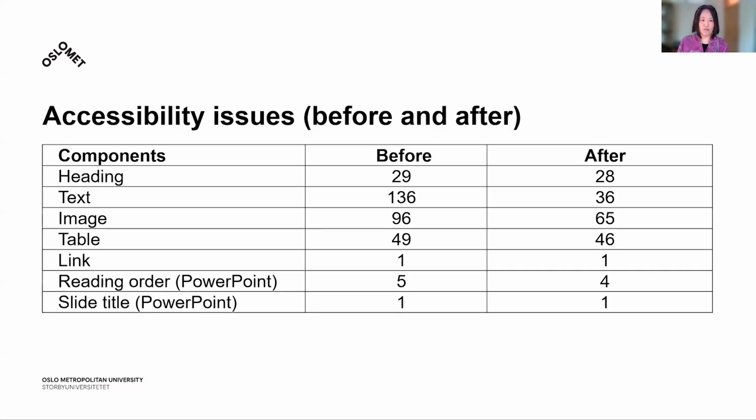The inspection was that we asked the participants to deliver a Word document, a PDF document from the Word, and a PowerPoint presentation from their own production. And then we check how many errors they have, how many accessibility issues they have, and afterward we collect their updated version after they have learned.